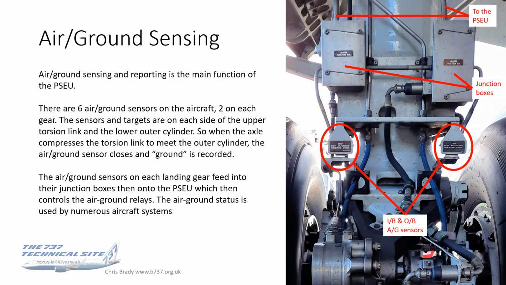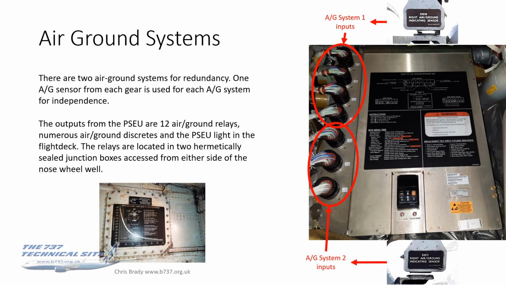The air ground status is used by numerous aircraft systems. Yes, it is, and I'll list them very soon. But just continuing this for a moment, there are 2 air ground systems for redundancy. So it isn't just one.